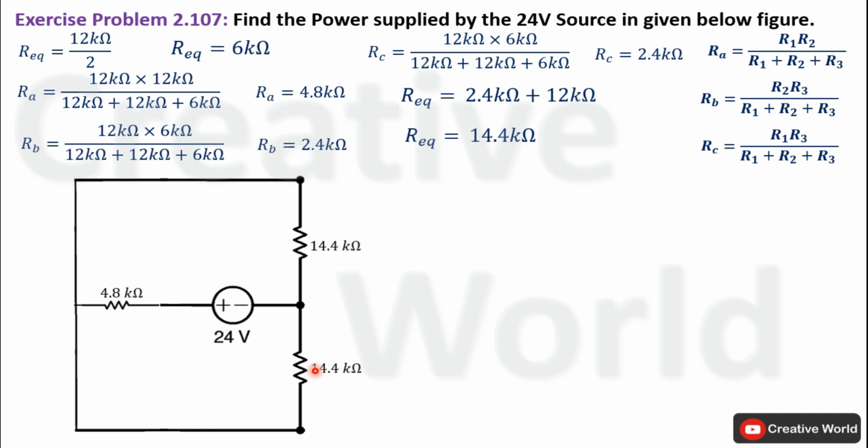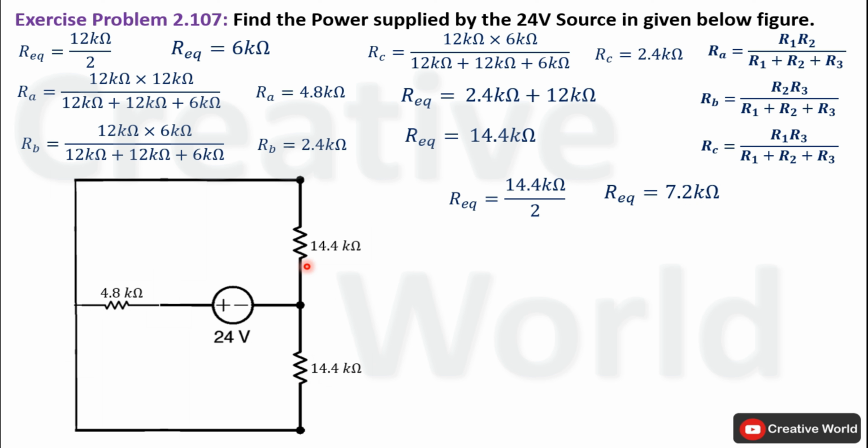Again, these two resistances are in parallel connection and both have the same values. So we will find their equivalent resistance by dividing the value of a single resistance by the number of resistances connected in parallel. So their equivalent resistance will be equal to 7.2 kilo ohm.